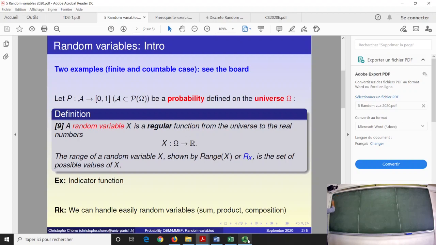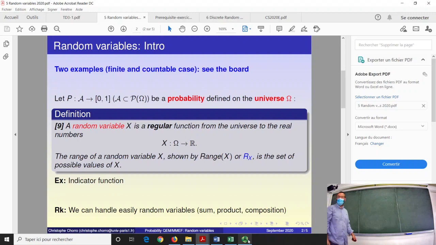In an exercise we have done together from the summer list, I have defined the indicator function. If I have a set A that is included in my universe, we have defined together what the indicator function of A was.